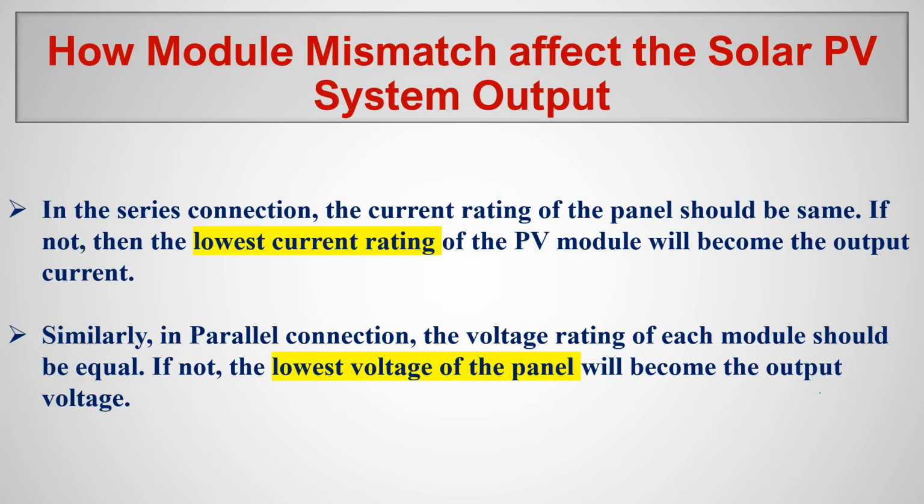One reason for mixing two different kinds of module is that you are adding to an existing install. Let's say you install a 5 kilowatt system. Later, after 2-3 years, you add another 2 kilowatt of panels. The original panels may be bought from one company, and the other panels after 2 years from another company. So in many situations, when you expand the project, you may mix up the panel size.